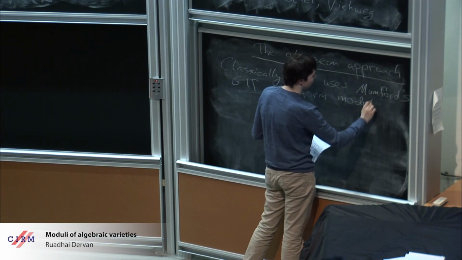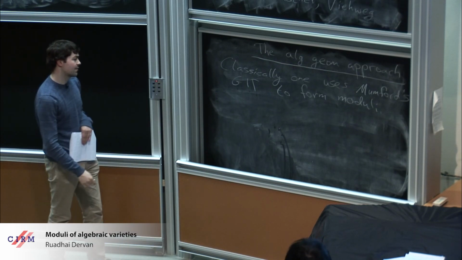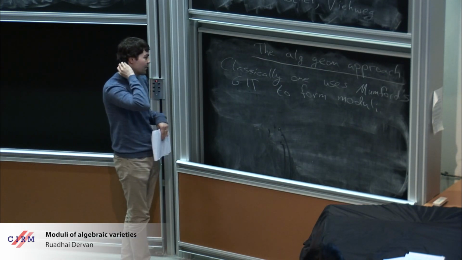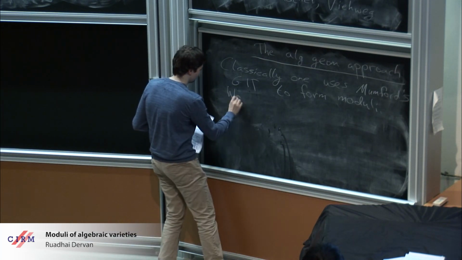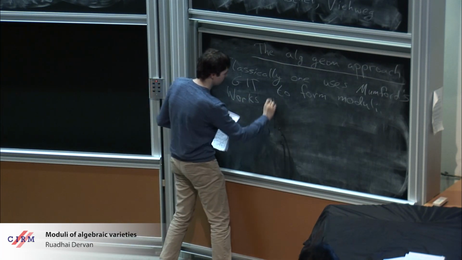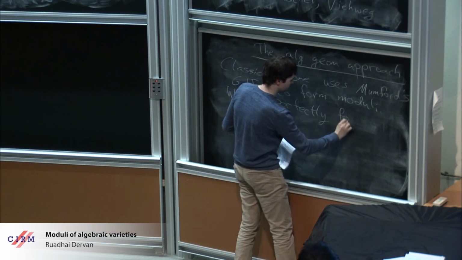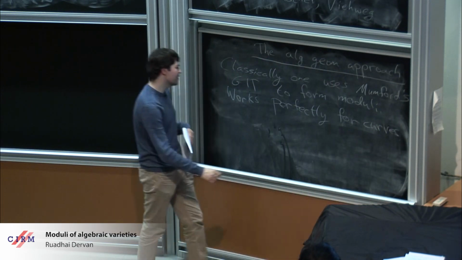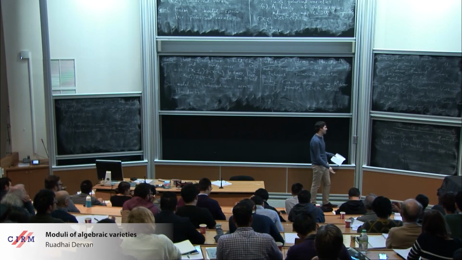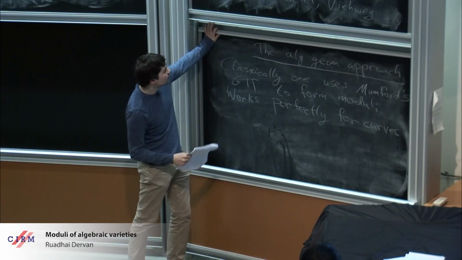And actually, this has been extremely successful in moduli theory. It works very well, kind of miraculously well. In particular, it works perfectly for curves. And unfortunately, the example of curves is kind of misleading in that it doesn't work in higher dimensions, at least in the nicest possible way.